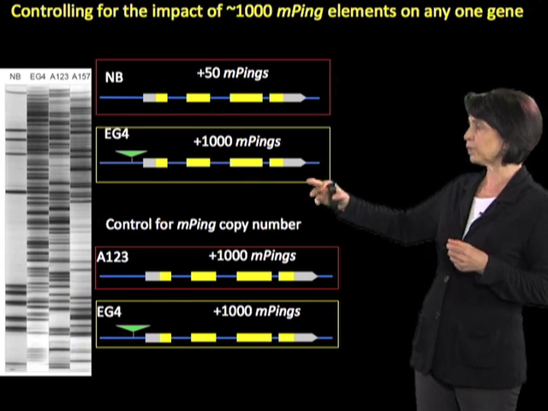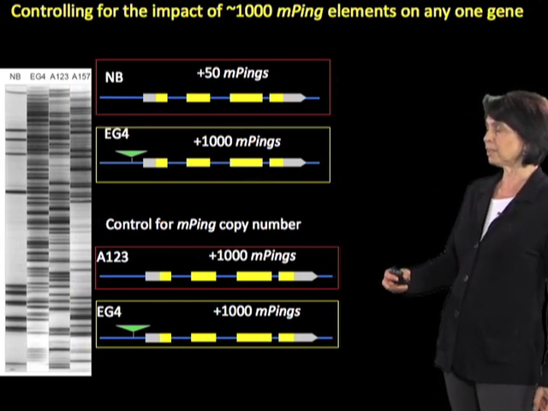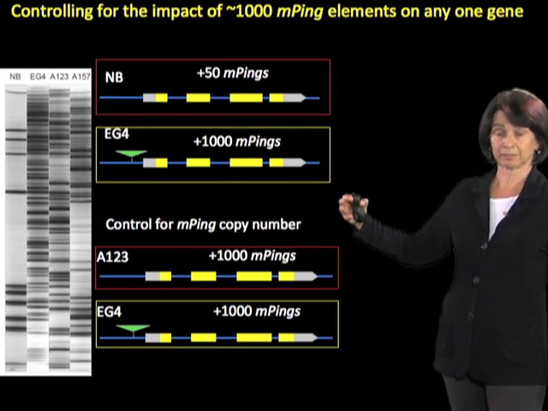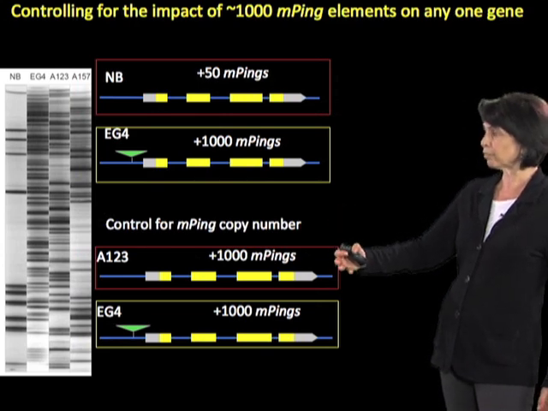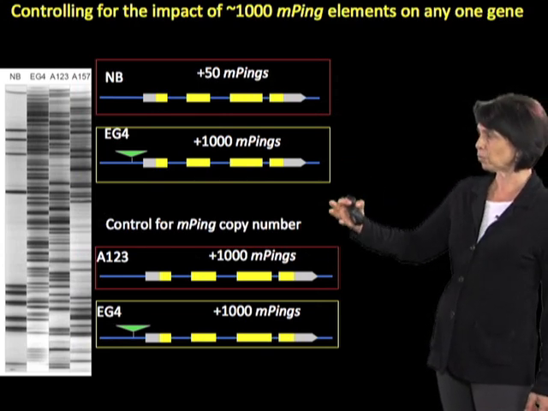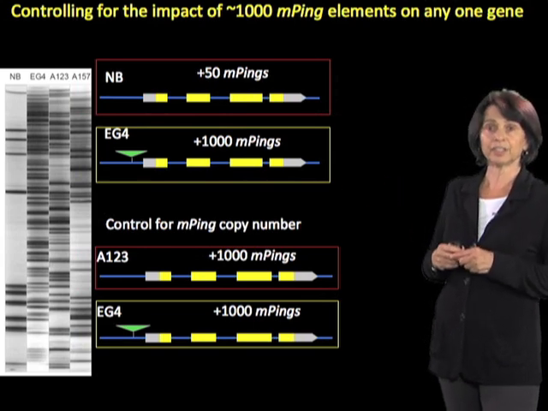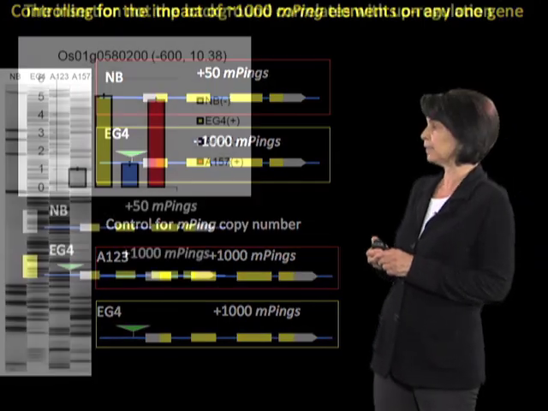The control is we can identify, for example, in A123, an A123 line that has the Nippon-Bari allele in it. Okay? So in that way, we're able to compare A123 and Nippon-Bari to EG4, and that way we sort of eliminate the complication of the 1,000 Emping insertions in the background. And I'll show you that data now.